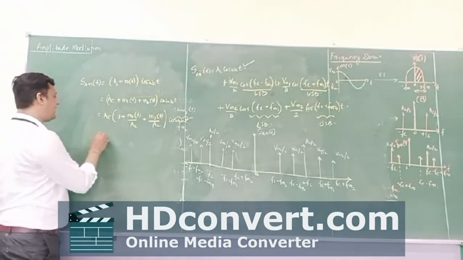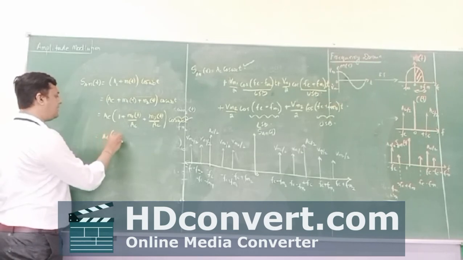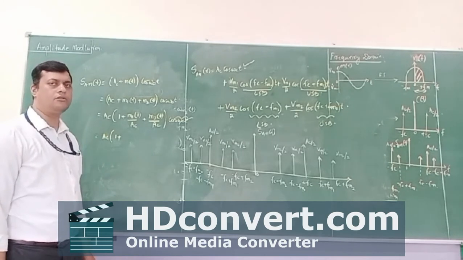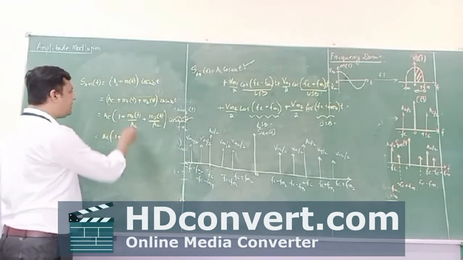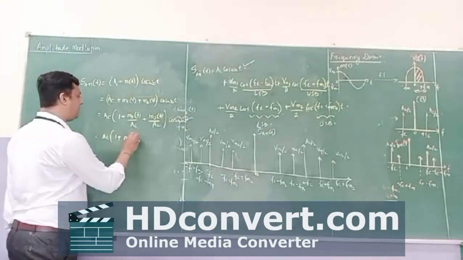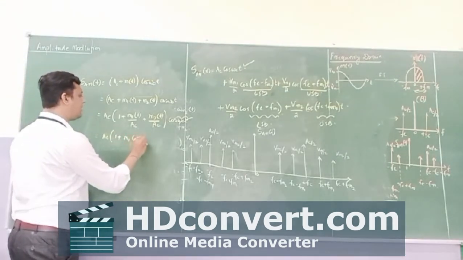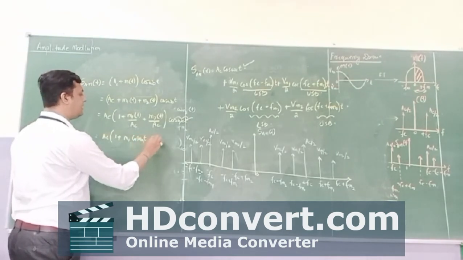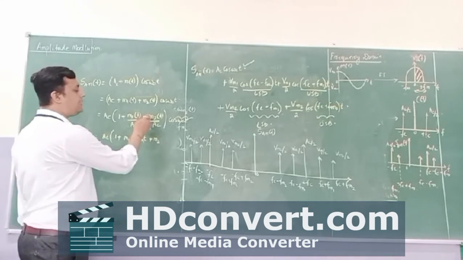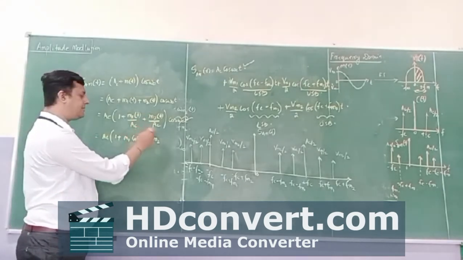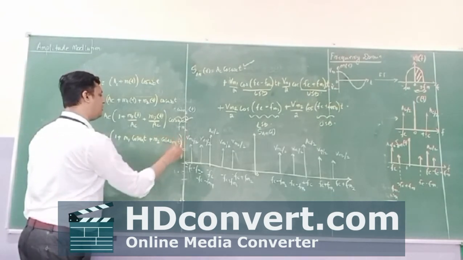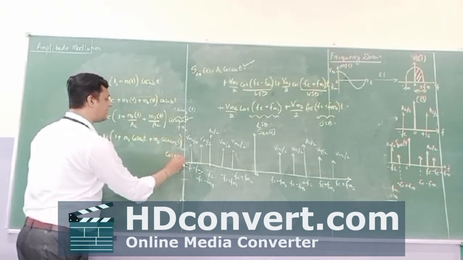Now here I can write m1 of t as Vm1 cos omega m1 t. So that Vm1 by AC is called m1. Okay, m1 into cos omega m1 t plus m2, where m2 is Vm2 divided by AC, into cos omega m2 t, whole into cos omega ct.